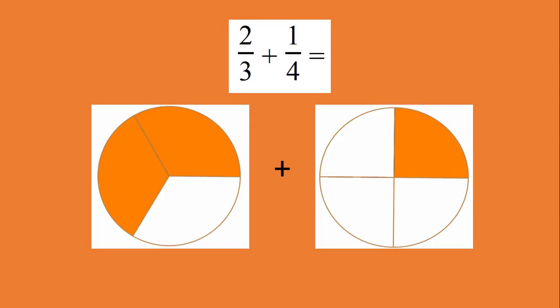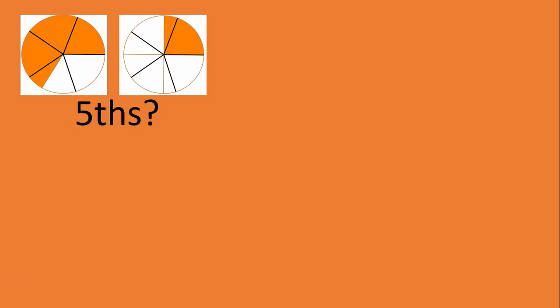In order to accurately describe these amounts, I need to find pieces that are commensurable, meaning that they measure both the thirds and the fourths. So let's say I start trying to figure out how to partition these, and I start with fifths.